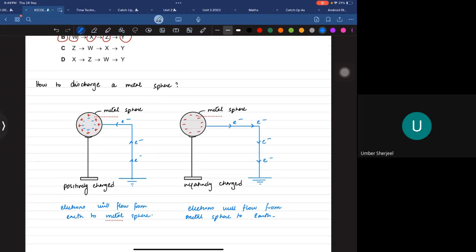Now the question is that we've basically learned by now how to charge and discharge things. But the real question still remains: how do we know when something is charged and what charge they have, right?